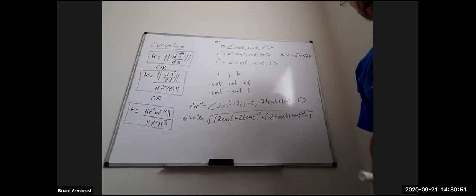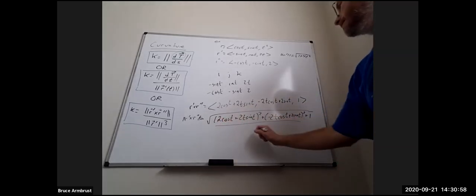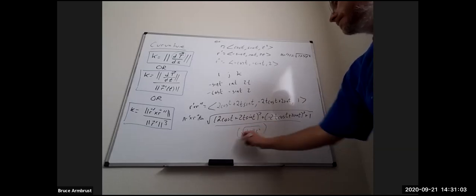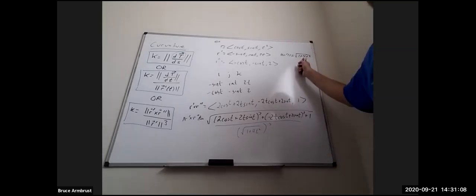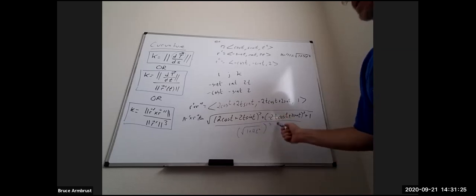So then to get our curvature, the curvature is just this divided by the square root of 1 plus 4t squared, cubed. That was the magnitude of r prime cubed. So remember that big horrible thing that we were in the process of when I finally said, yeah, this is ugly, I don't want to go any further? Had we kept going, had we simplified, it eventually would have turned into this.